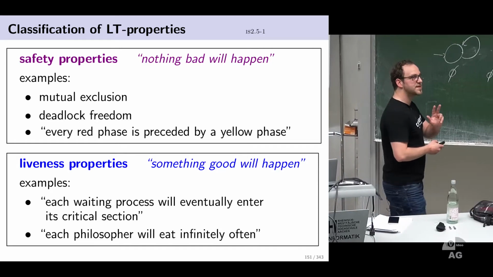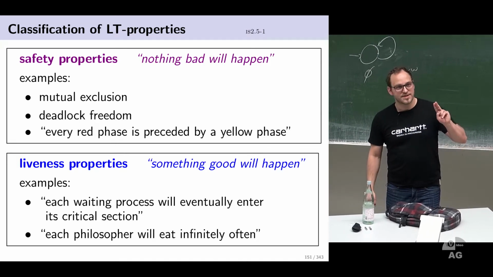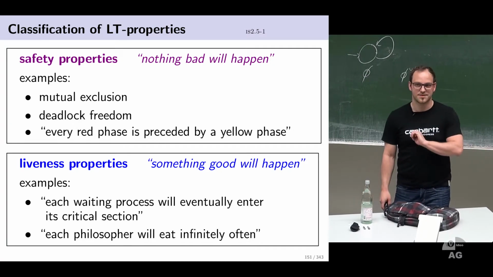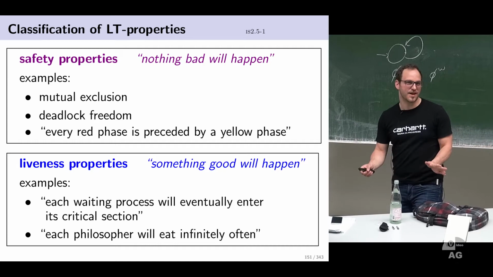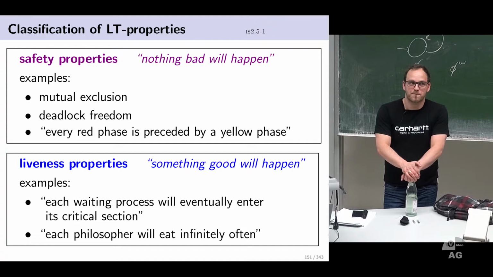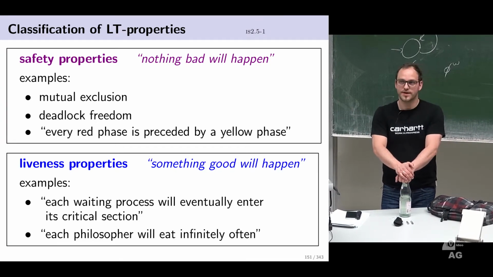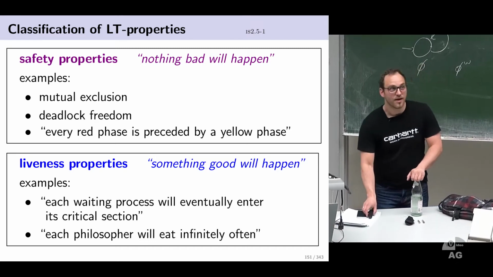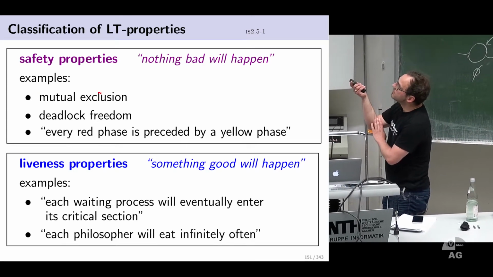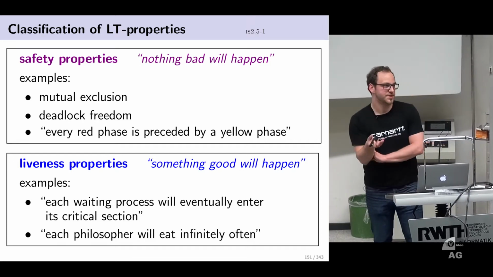Now there are three examples for safety properties on this slide, and I would argue that two of them fall into the same subcategory, and one of them is kind of the odd one out. Why would I say that? No idea? Okay, let's look at these examples. So I would say mutual exclusion and deadlock freedom, they are local properties, right?